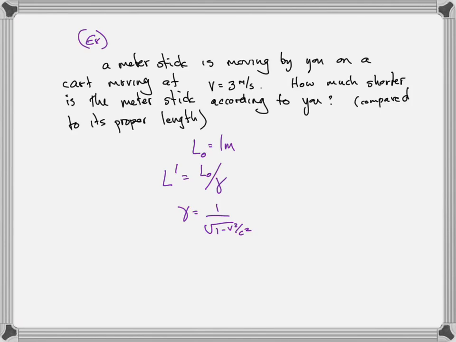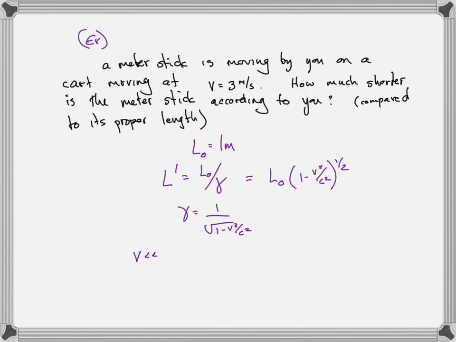So therefore, L prime is equal to L0 times (1 minus v squared over c squared) to the 1/2, because it was L0 over gamma. So we can flip gamma upside down and get L0 times (1 minus v squared over c squared) to the 1/2.